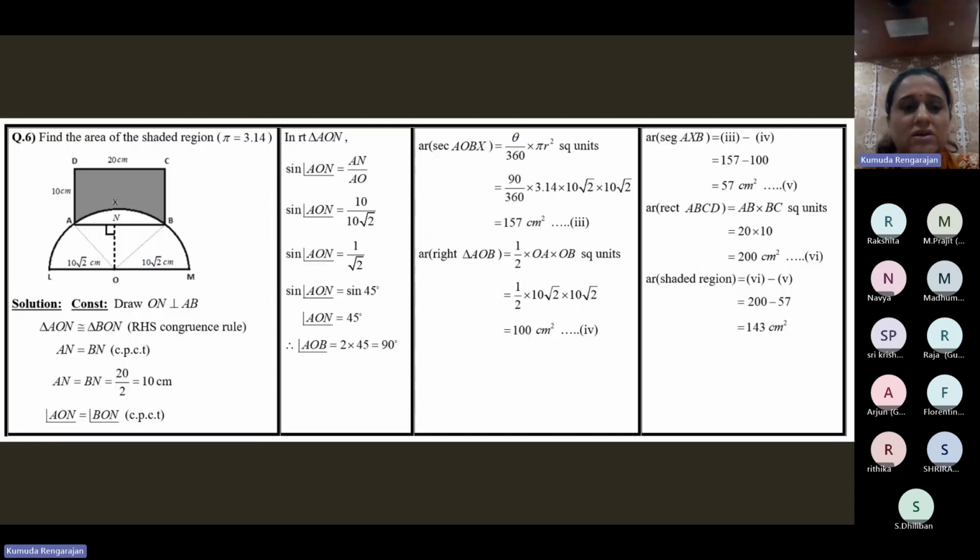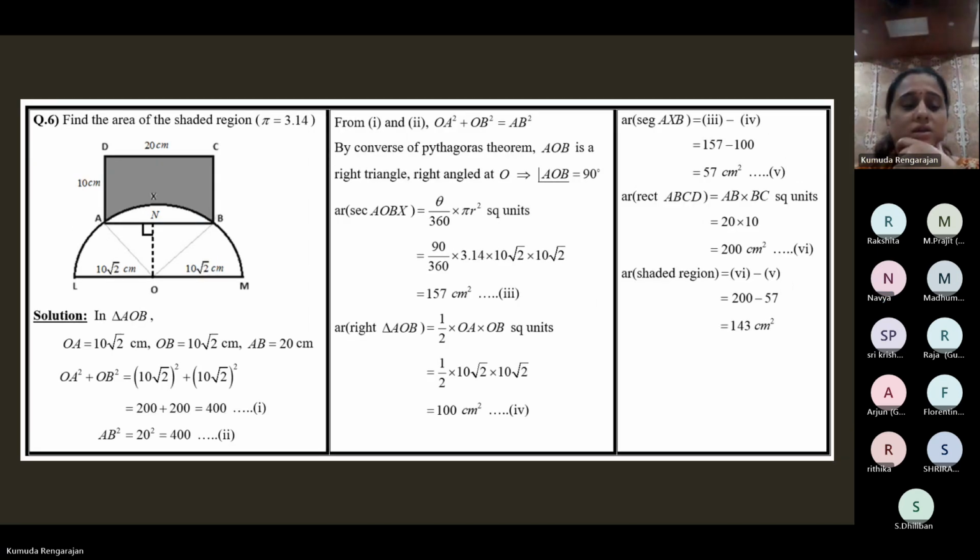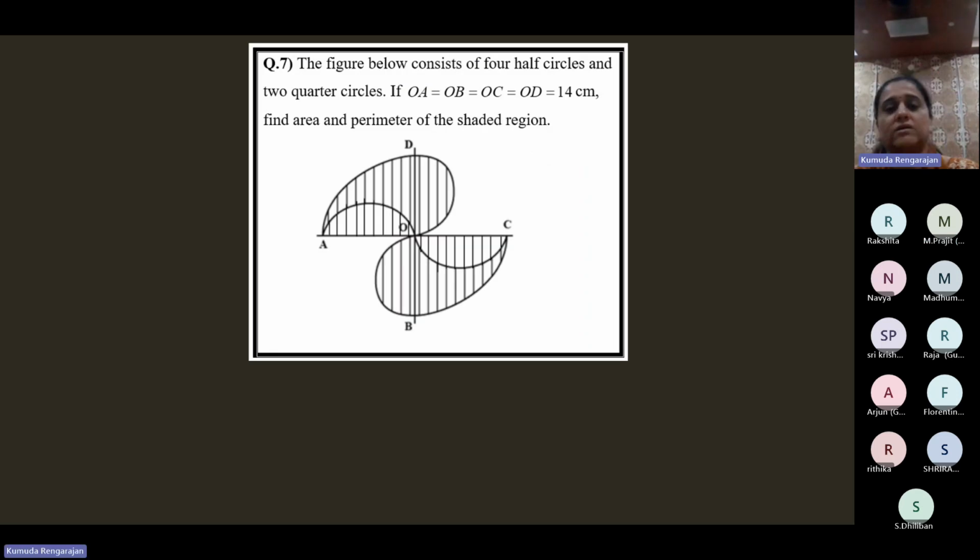Just take a picture. You can check, and I've explained this. Just take the pictures. Done. Yeah. This is an alternate solution. Done, ma'am. Okay.